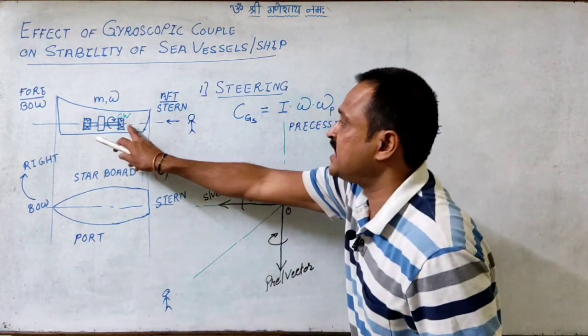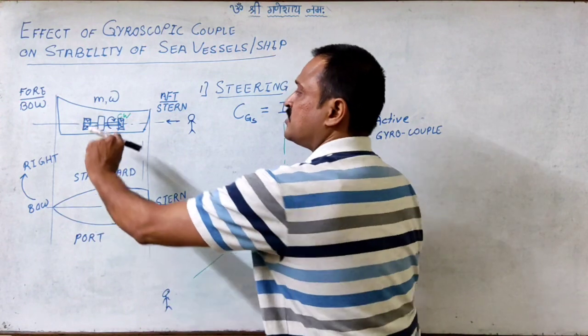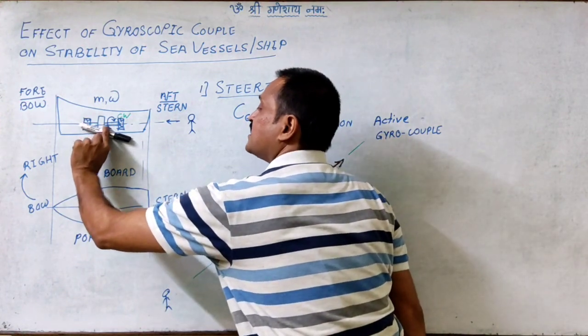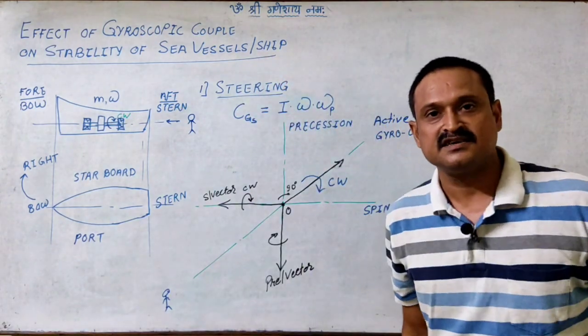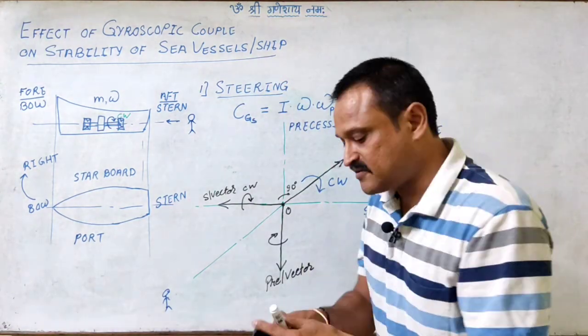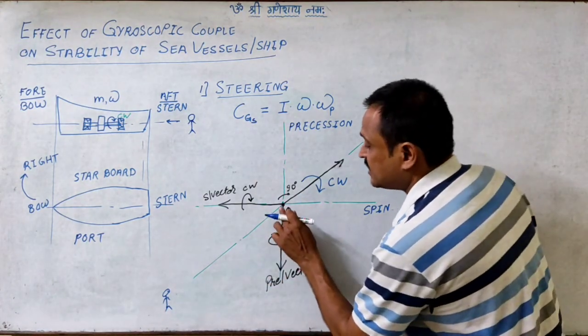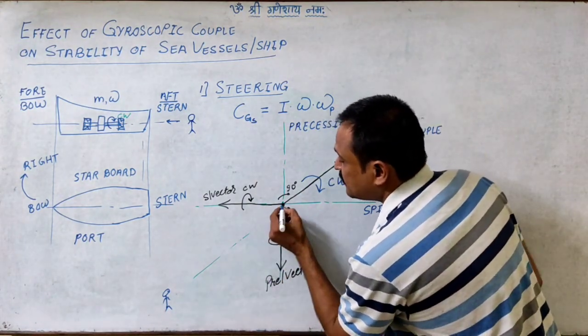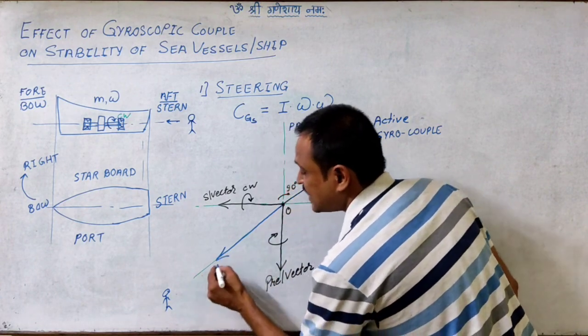So the frame or the boat, this is mounted on the boat, so the boat or the bearing will react in the counterclockwise sense. So the reactive couple will be exactly opposite to the active couple. So we get the reactive couple to be like this.